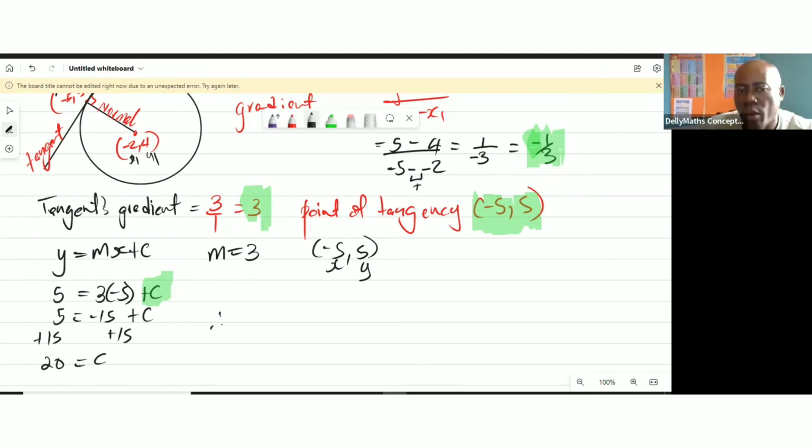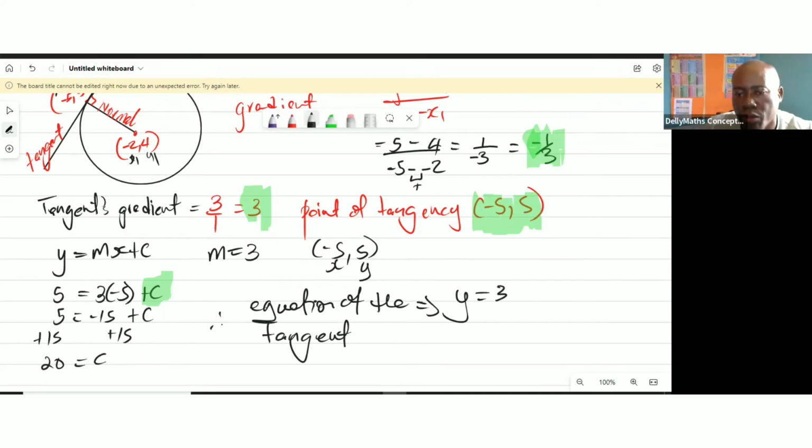Therefore, I could now write the equation of the tangent. So the equation of the tangent line at that point is y is equal to 3x plus 20.